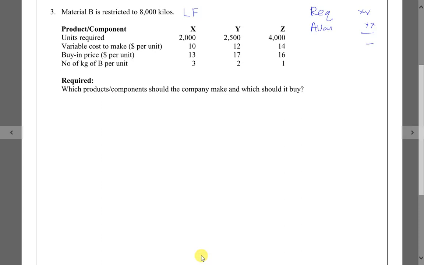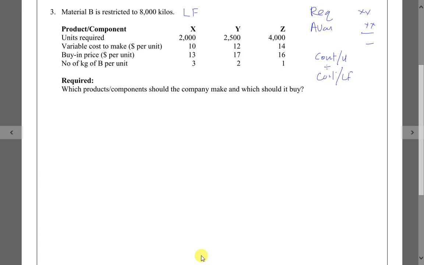After we have determined the limiting factor, what do we do? We calculate the contribution per unit. We divide to get the contribution per limiting factor. Then we do the ranking. After ranking, OPP, optimal production plan. So this one, we have a limiting factor of 8,000, because here they say restricted to 8,000.